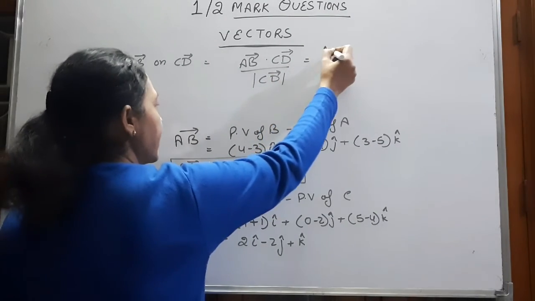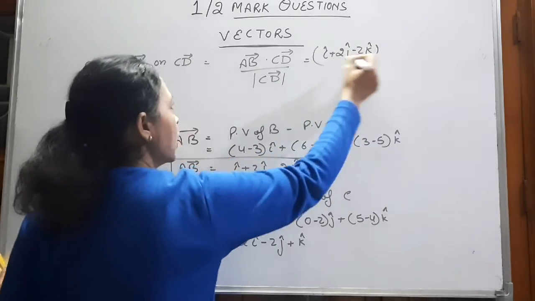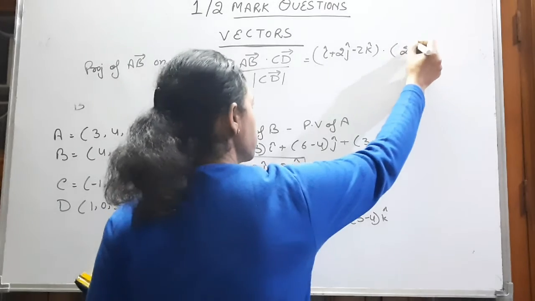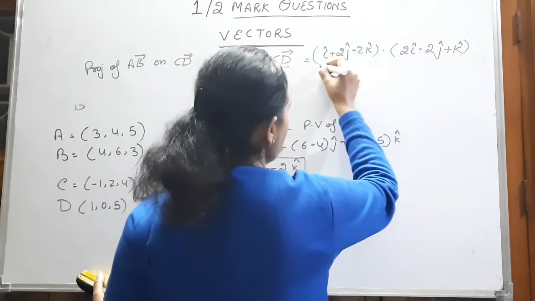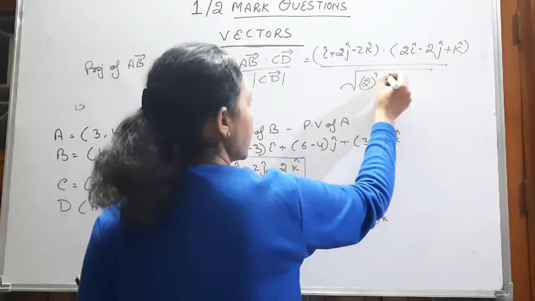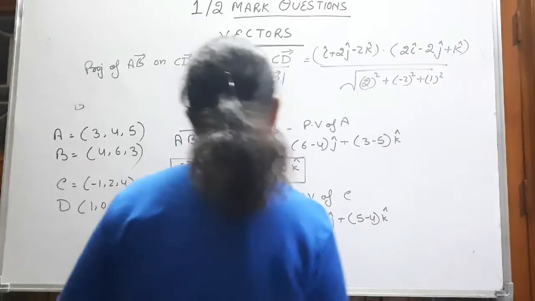AB dot CD: we have i cap plus 2 j cap minus 2 k cap dot 2 i cap minus 2 j cap plus k cap, upon the magnitude of CD, which is root of 2 square plus minus 2 whole square plus 1 whole square.